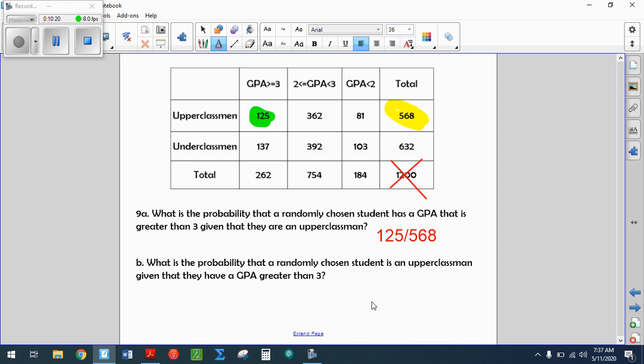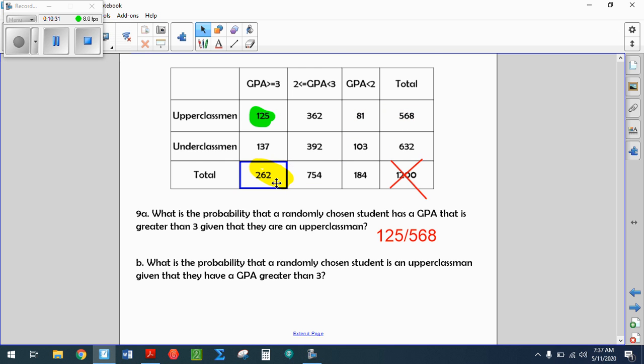The second one says, what's the probability that a randomly chosen student is an upperclassman given that they have a GPA greater than 3? So this time your conditional statement changes. You're given they have a GPA greater than 3, so you're looking at 262 students. What's the probability that they are an upperclassman?